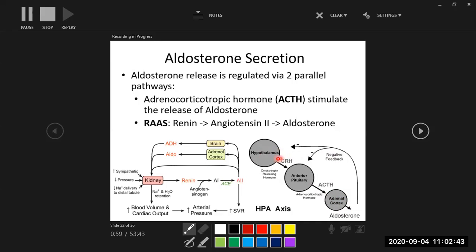We will talk about this pathway very soon in the endocrine system. So we learn it now, and then we will learn it again. That will act on the adrenal cortex to cause it to secrete aldosterone. So aldosterone can be released and enhanced through these two parallel pathways.